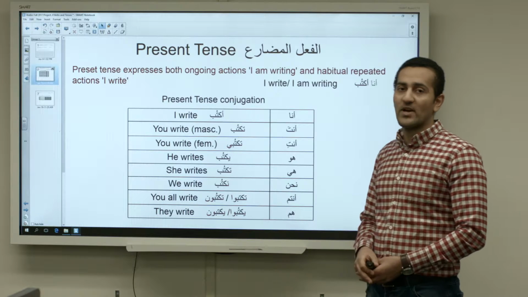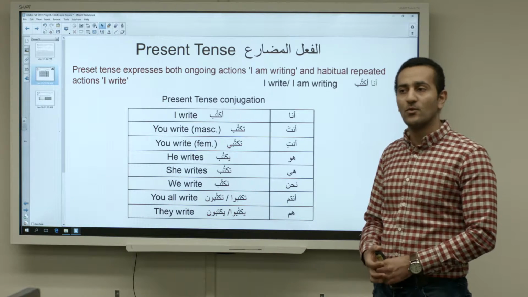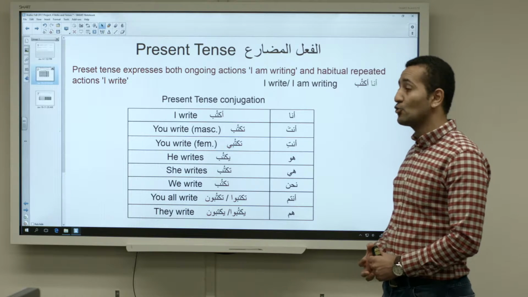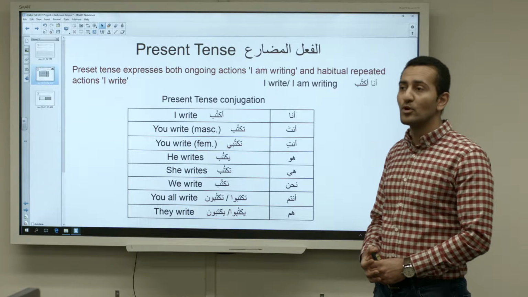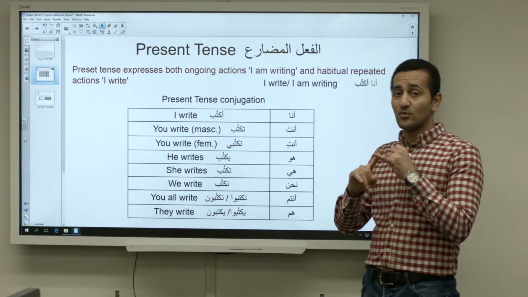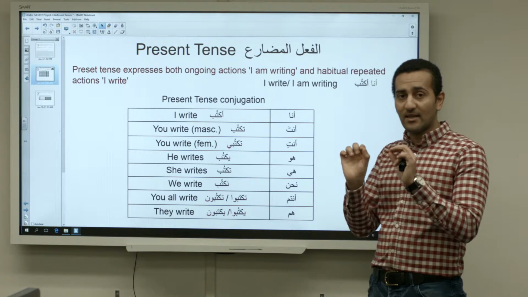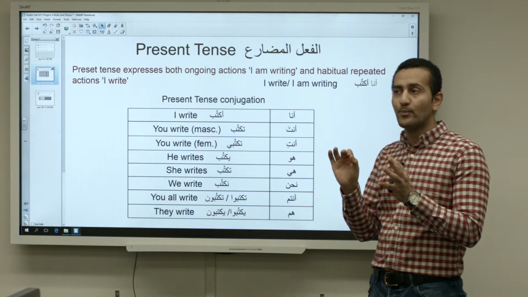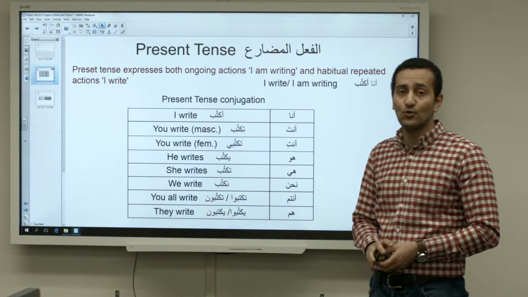So you all write. You as plural is تكتبوا or تكتبون. So we start with ta, كتب, the main verb or the main root. We start with ta, so تكتبوا, and then at the end we add u.